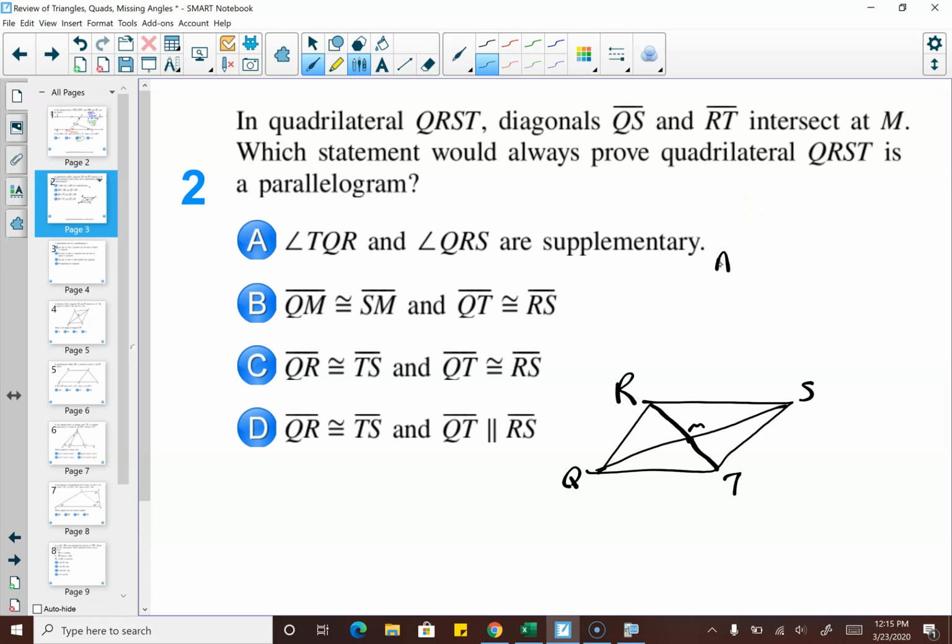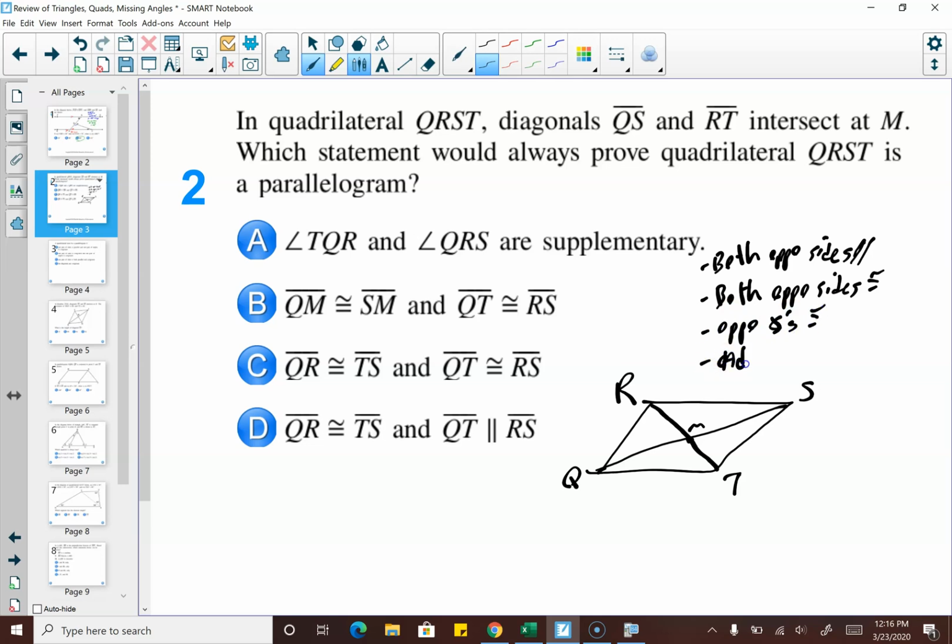So if we list out our properties here, that actually might be a better way to go about it. We have both opposite sides parallel. We have both opposite sides congruent. We have opposite angles are congruent.